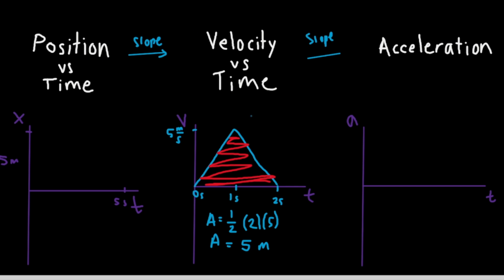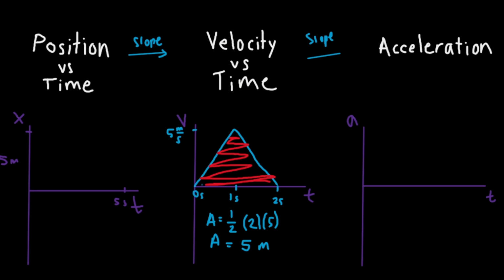So if we were to graph the velocity versus time graph and the position versus time graph, we can see that the object constantly accelerates in the positive direction, and then constantly negatively accelerates to 0.